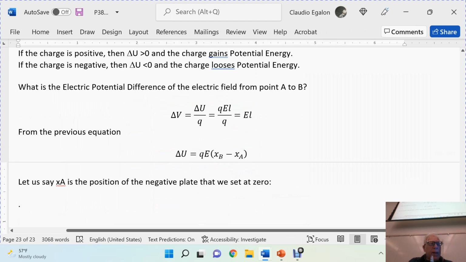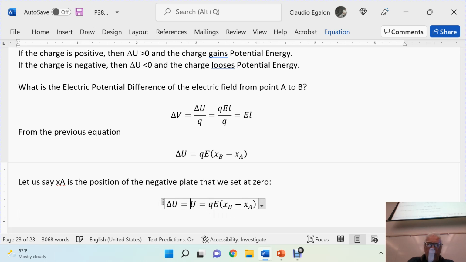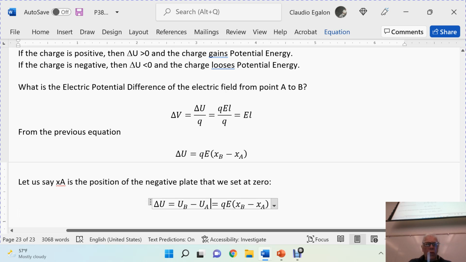Then we get something like that. UB minus UA is the final electric potential energy minus the initial electric potential energy. Okay? So you get something like that.